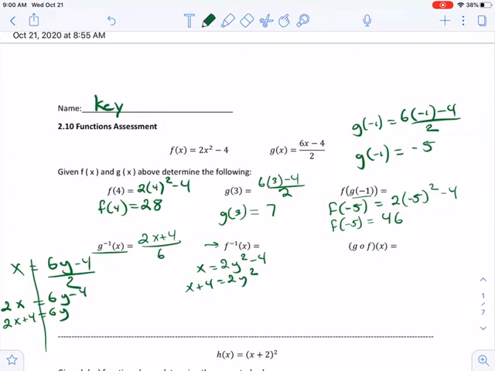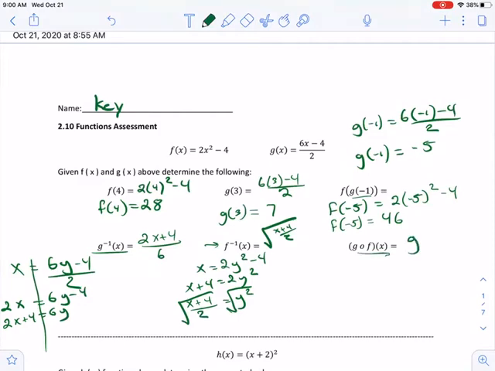A common area to get screwed up here is to try doing the square root first, where in reality we want to divide by 2 first. So we end up with this after dividing by 2 on both sides, and then my last step is to take the square root of both sides. So the inverse of f is the big square root of x plus 4 divided by 2, all underneath that square root there. Okay.